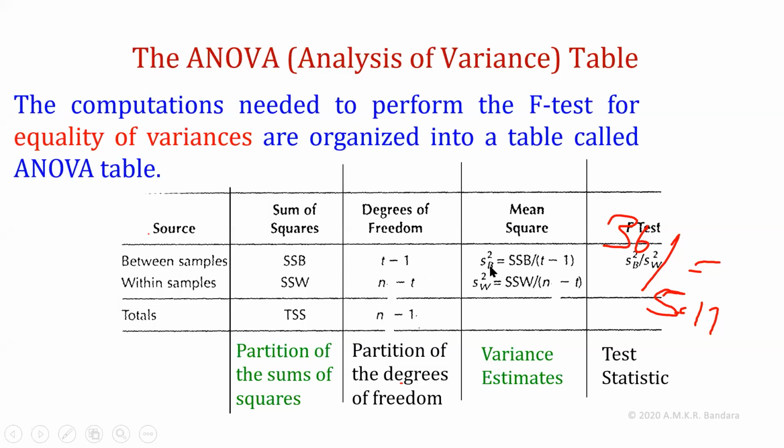Then within sums of square divided by their degrees of freedom, you can get the within mean sums of square. Then the between mean sums of square divided by the within mean sums of square, we can get the F calculated value.